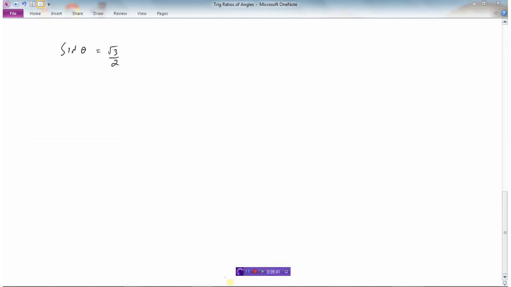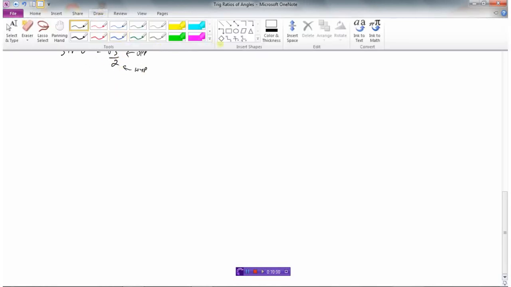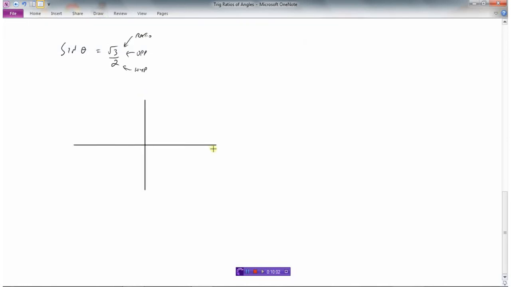So let's say I know that sine theta is equal to root 3 over 2. So I have my ratio. This is my ratio here. So specifically, this is the opposite side, and the denominator here is the hypotenuse, because sine is opposite over hypotenuse. So we have the ratio, but we want to know what the angle is. Well, this is where the ASTC comes in.